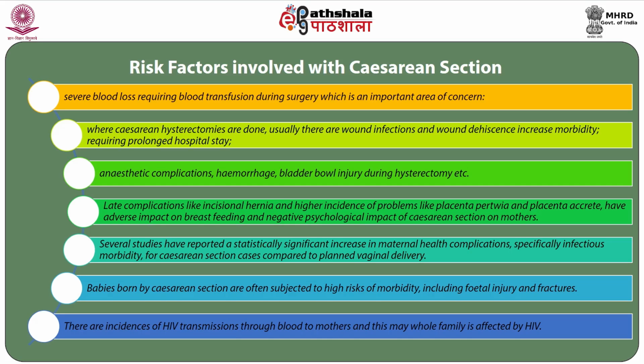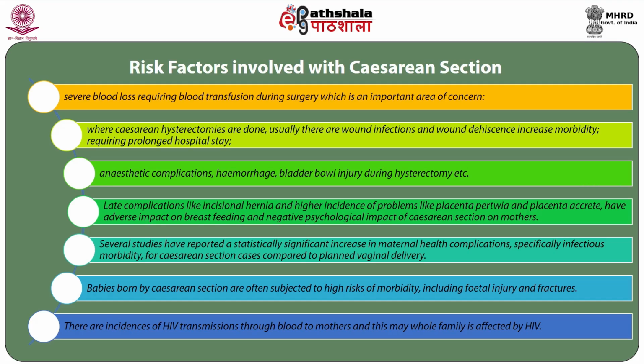Late complications like incisional hernia and a higher incidence of problems like placenta previa and placenta accreta have adverse impacts on breastfeeding, and caesarean section also has negative psychological impacts on mothers.